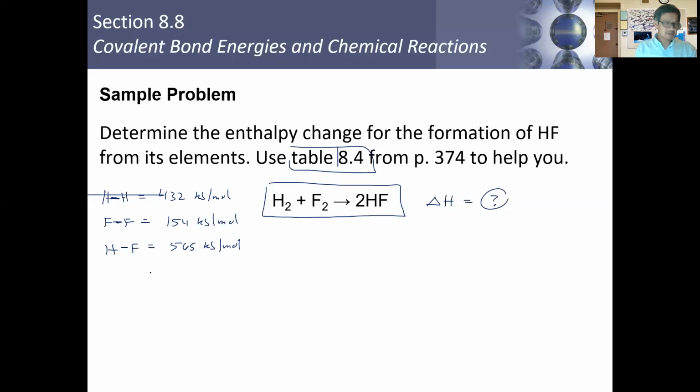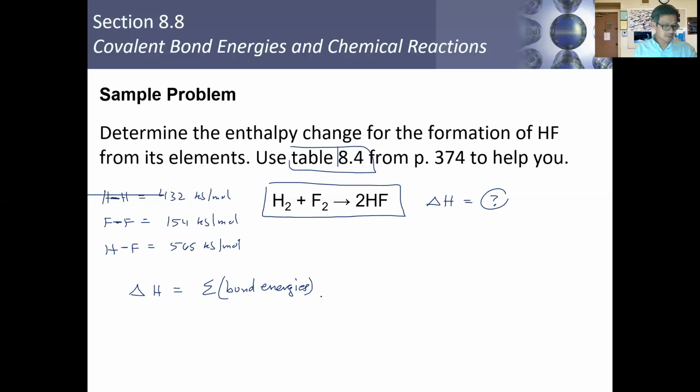Now, let's plug it into the equation that we had. To find the energy associated with this reaction, we want to sum up all the bond energies. And remember, we've used bond energies when we calculated the lattice energies. Bond energies are the energy needed to break the bonds.